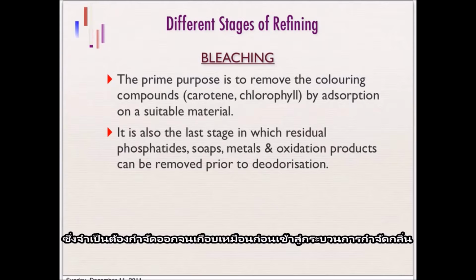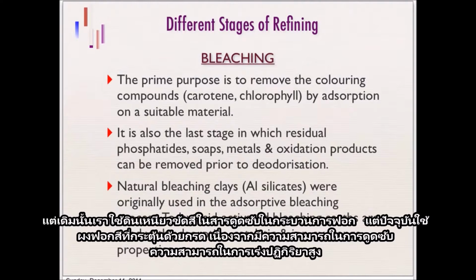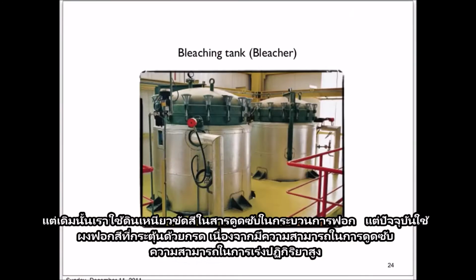This has to be removed almost completely prior to the deodorization process. Originally, natural bleaching clays were used as an adsorbent in the bleaching process, but nowadays acid-activated bleaching earth is used, with higher adsorptive, catalytic, and ion exchange properties.